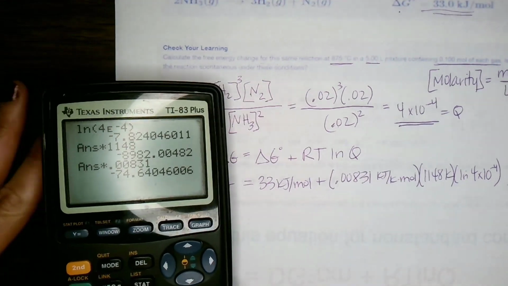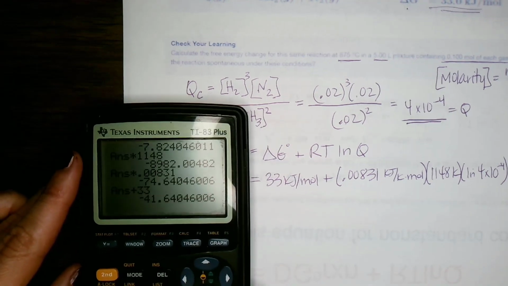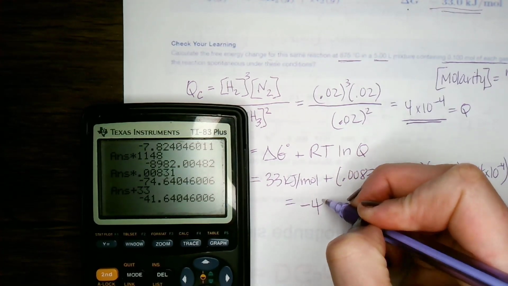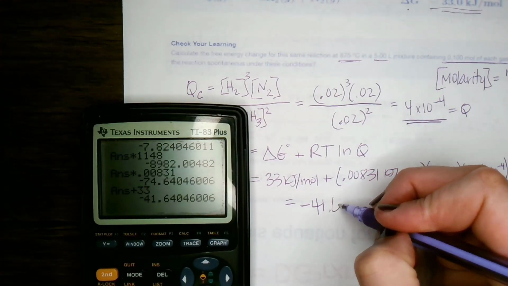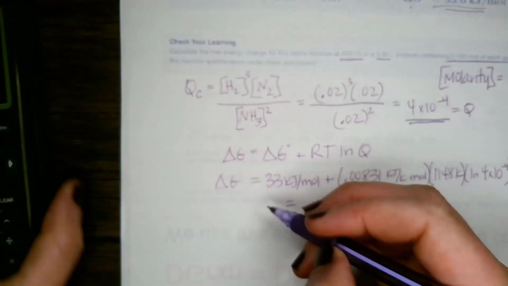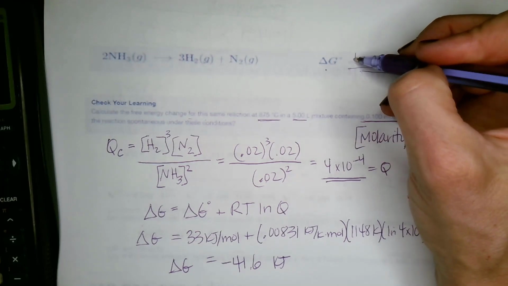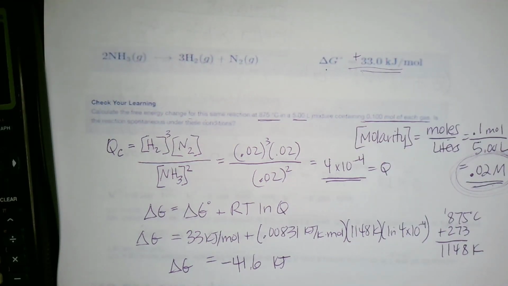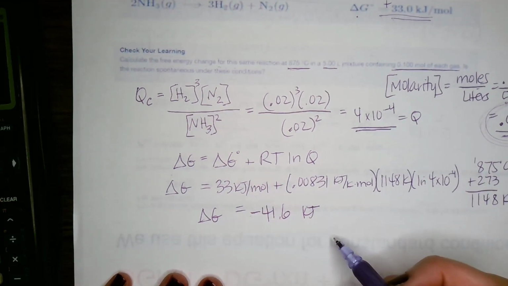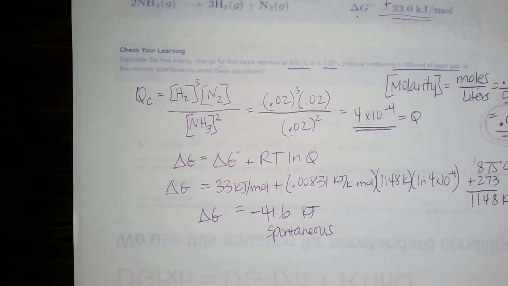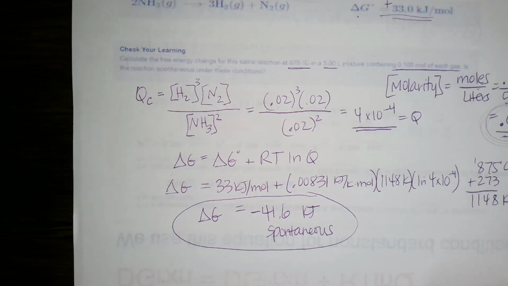Then we're going to add that to 33 to get negative 41.6 kilojoules for our delta G. So notice here we went from having a positive delta G where it was non-spontaneous to under these conditions, we now have a negative. We have a spontaneous reaction. How did you do? Did you get it? I bet you did, because you're awesome.